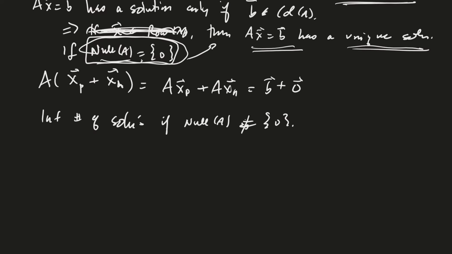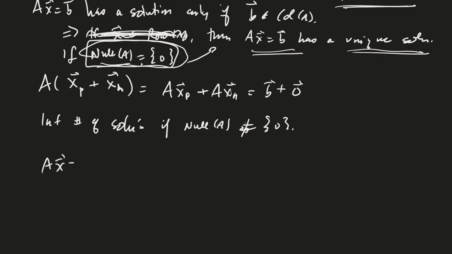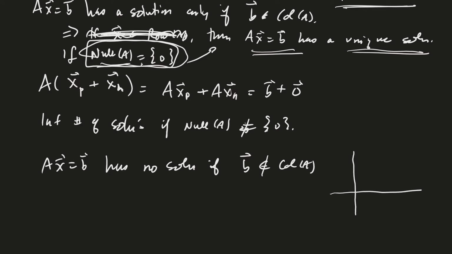Good. And then finally, when do we have no solution? AX equal B has no solution if B is not contained in, not an element of, the column space of A. Well, if it's not in the column space of A, where is it?